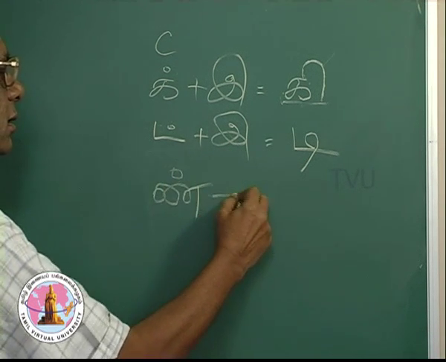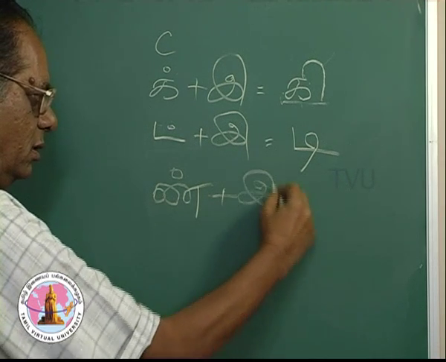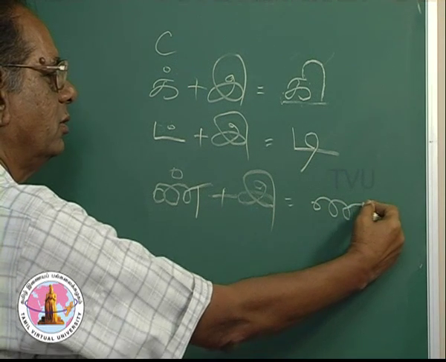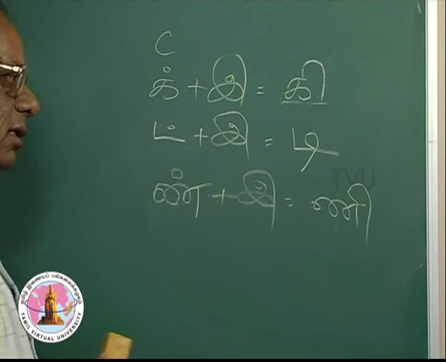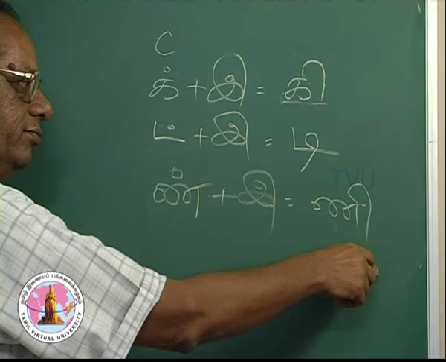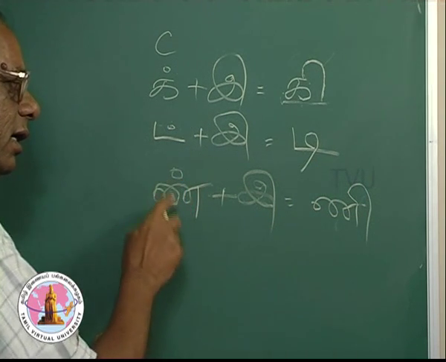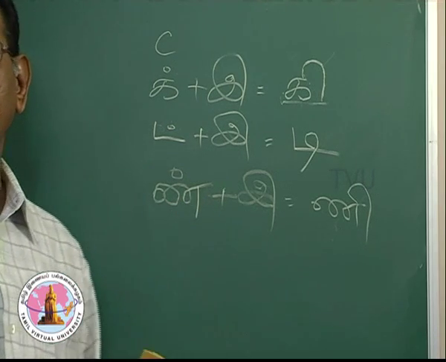Na with e becomes ni. See, I have brought this curve from the right end. The marker is from the right end. Na plus e, ni. It's a retroflex letter.